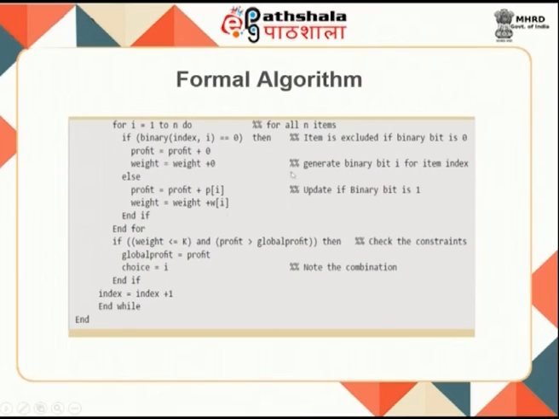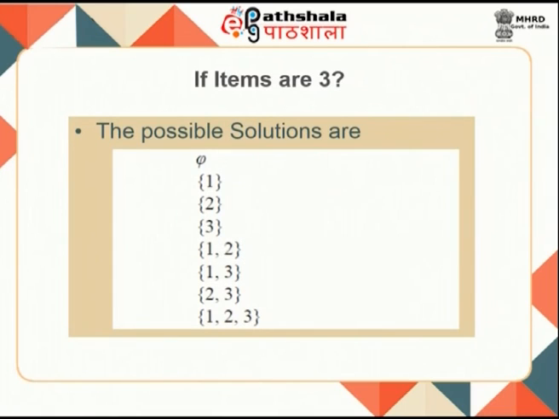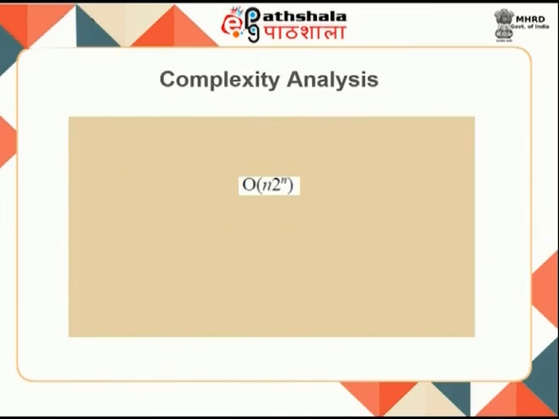This process goes on till all the subsets are explored. At the end of the algorithm, I check the profit that is generated. For 3 items, the possible solutions are 1, 2, 3, 1 2, 1 3, 2 3, 1 2 3, etc. Again, the complexity analysis is going to be order of n to the power n.